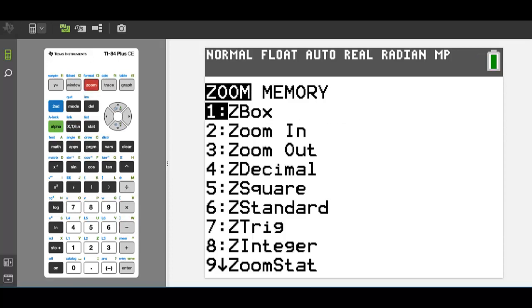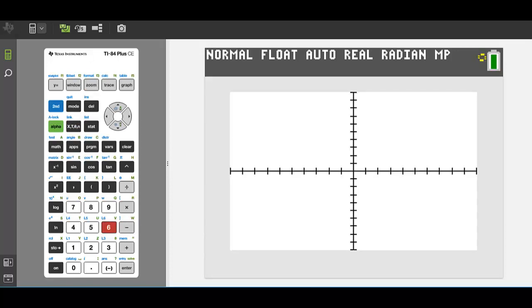And I'm going to go to zoom 6, which is zoom standard, and that means we're going from negative 10 to 10 on the x and the y axis. And of course, we know we get our nice parabola here. Now, I'm not going to worry about zooming out. I know the parabola is going to continue, but I'm concerned more about what's happening above the x-axis and what's happening below the x-axis.